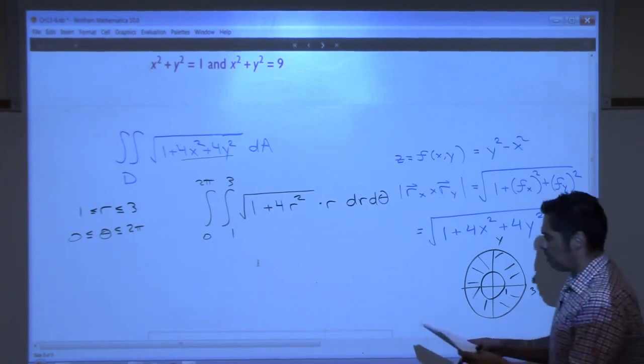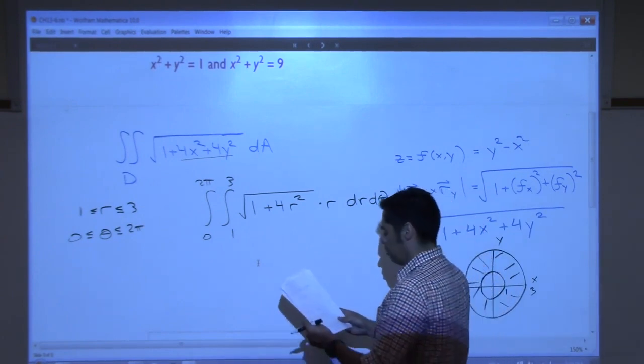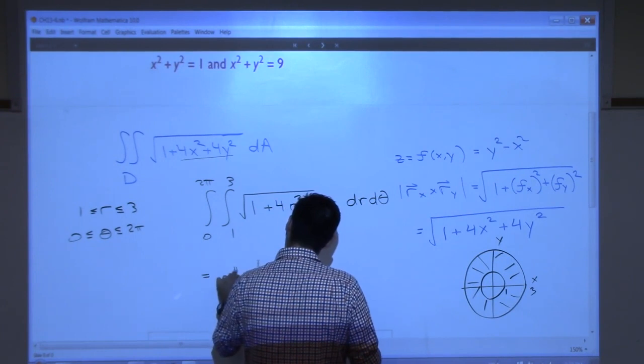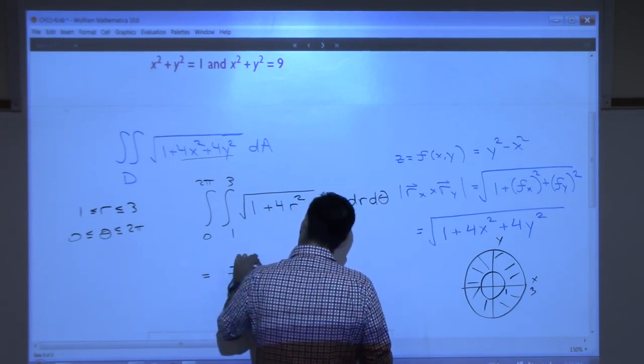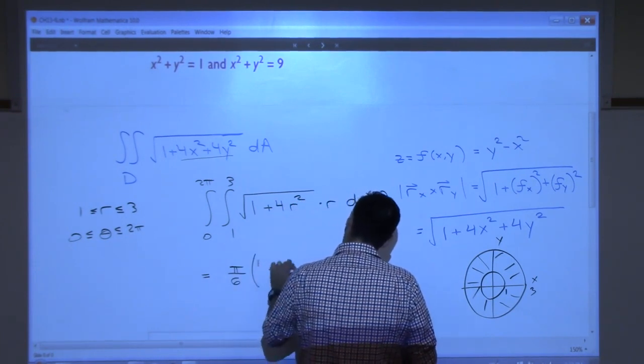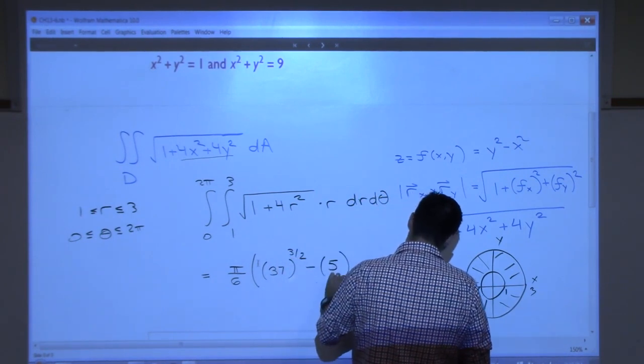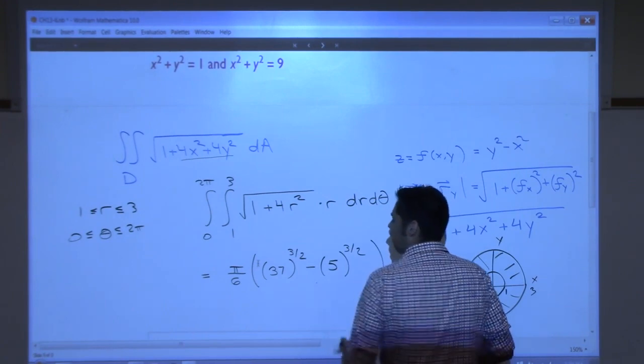I don't have time to work this out. You should get, at the end of this, pi over 6 times 37 to the 3 halves minus 5 to the 3 halves, whatever that number is.